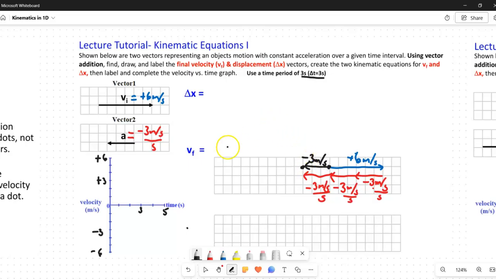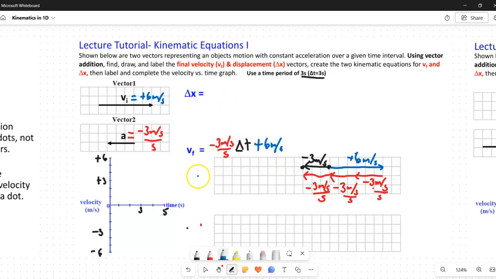Okay, let's create an equation here. That acceleration is going to be negative 3 meters per second for every second times delta t. But we started out with a positive 6 meters per second.